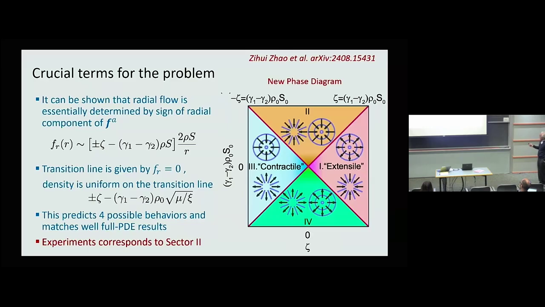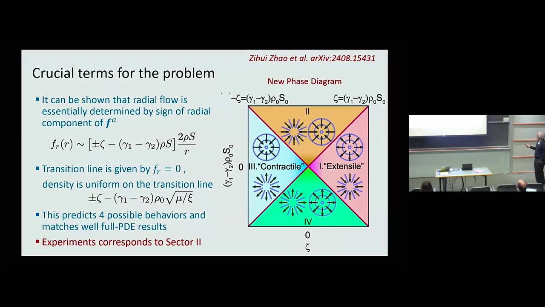At the transition point, there is no accumulation and depletion. So at the transition line, density should be constant, uniform. So we can assume this density rho is in the equilibrium, steady state, uniform condition.